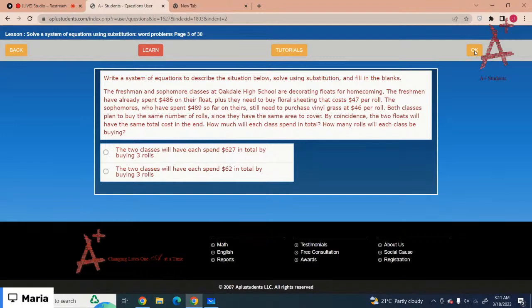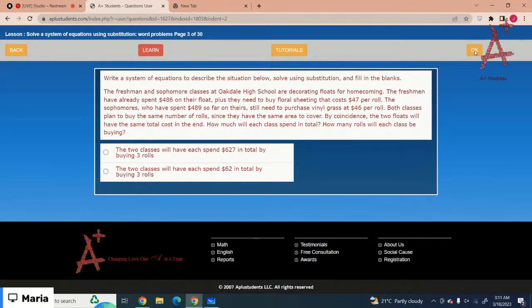The sophomores, who have spent $489 so far on theirs, still need to purchase vinyl grass at $46 per roll. Both classes plan to buy the same number of rolls since they have the same area to cover. By coincidence, the two floats will have the same total cost in the end. How much will each class spend in total? How many rolls will each class be buying?